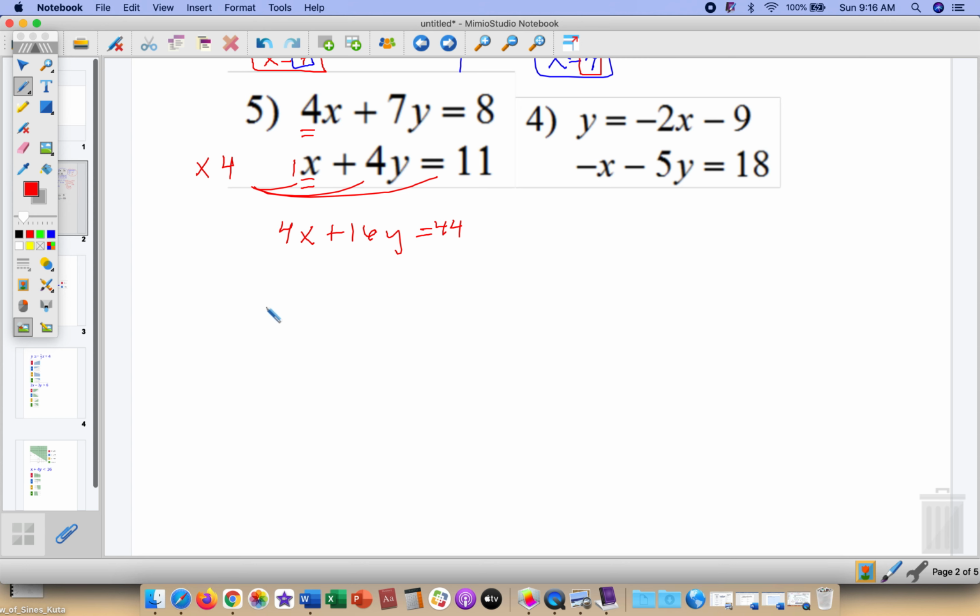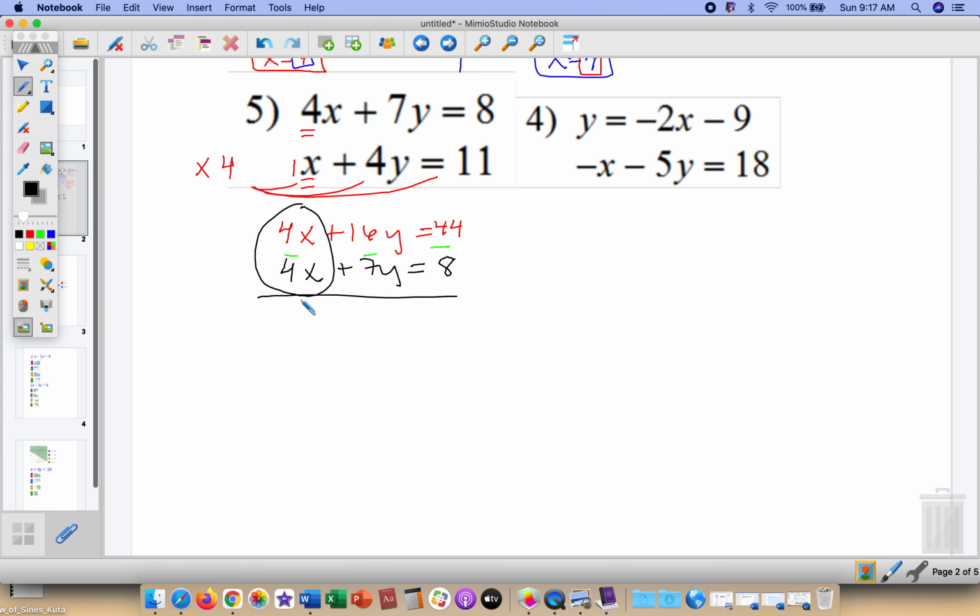Then we have the top row was 4x plus 7y is equal to 8. You can ask yourself, in order to eliminate your x's, do I add or subtract? I would need to subtract. I have two options. I can subtract, but then I have to subtract all columns.